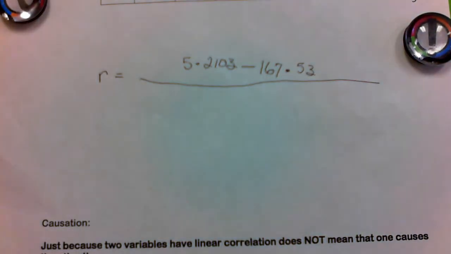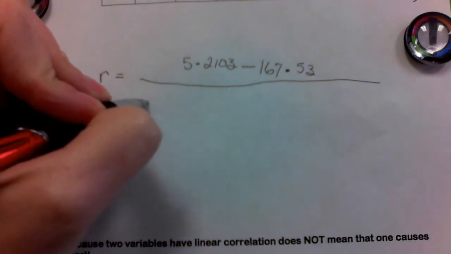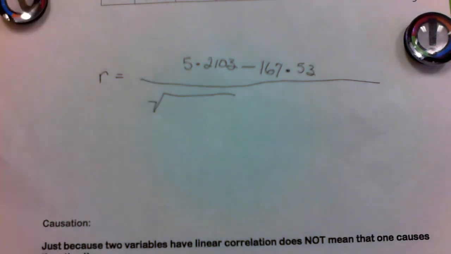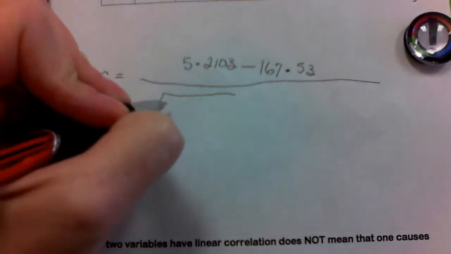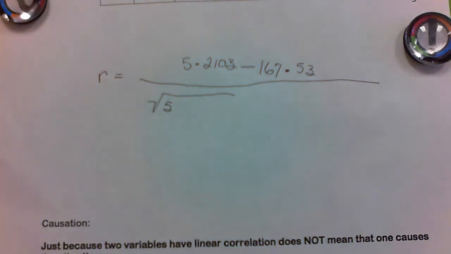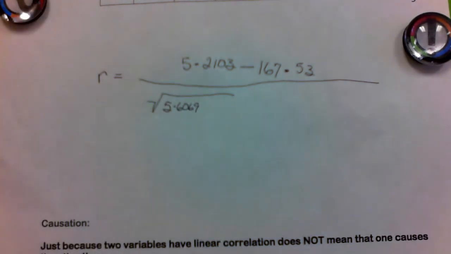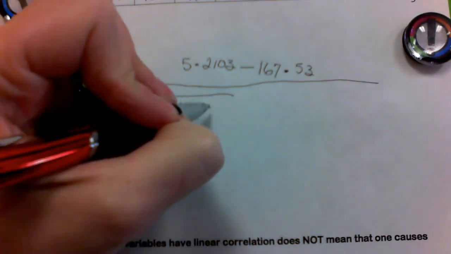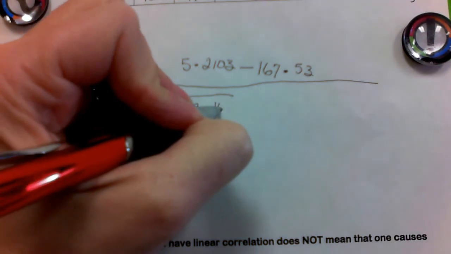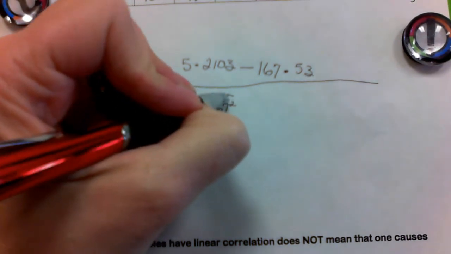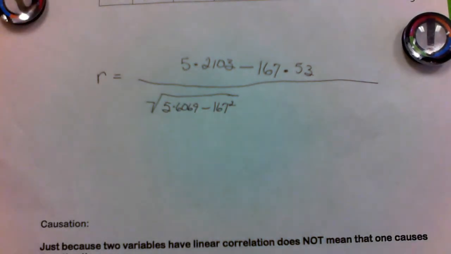Then my denominator, I'm going to have a square root, and it's going to be n, which is 5, times the summation of x squared, which is 69, minus the summation of x, 167 squared, which means to take 167 to the second power.